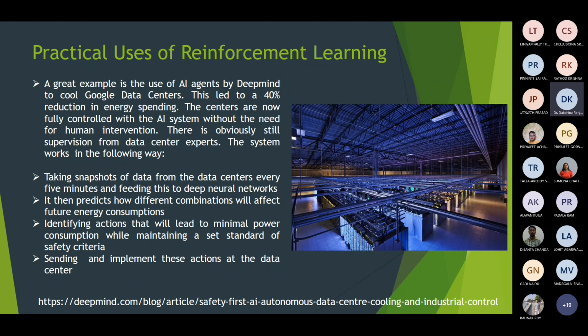These are the rough steps employed in the Google data center.